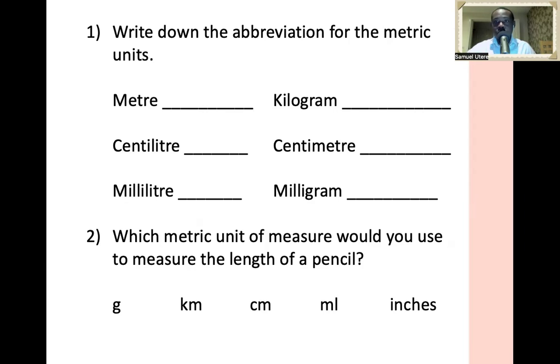For the first one, you were asked to write down the abbreviation for the metric units. Metric units are units of measurement that are used in most countries. It's an international standard that most countries use for measurements.